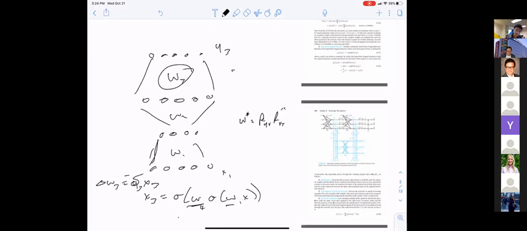You can do it in one step using linear regression. So by using different algorithms, you can train different layers.